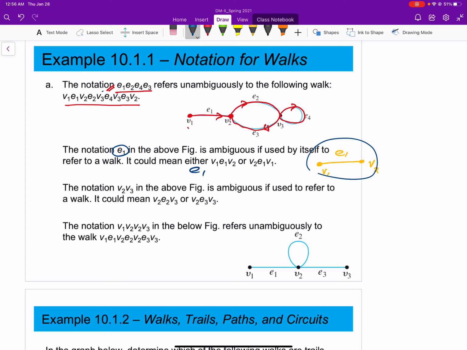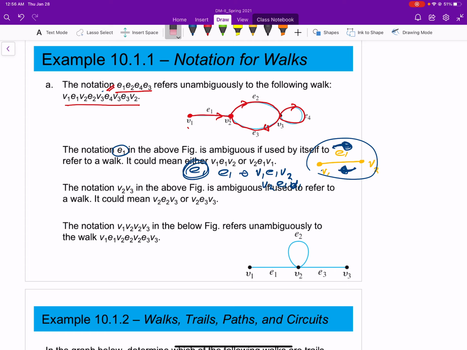The reason for that is you don't know whether you are moving from V1 to V2 that way or from V2 to V1. When you just say E1, you don't know whether you are going that way or coming back that way. So that is ambiguous. In that case, you have to give the vertex too. That means rather than just putting E1, you could put V1, E1, V2 if you are going that way. Or if you are coming back that way, you could put V2, E1, V1.